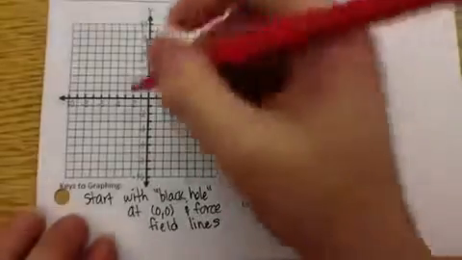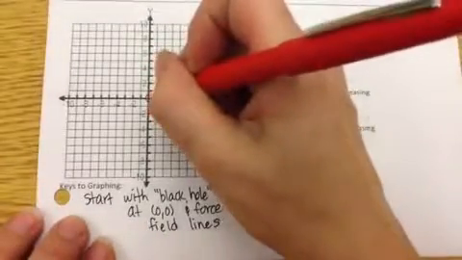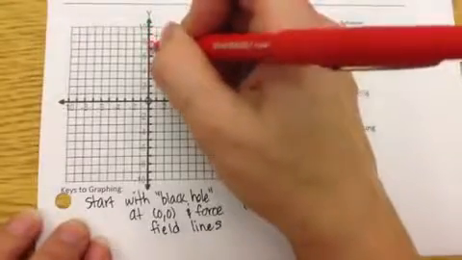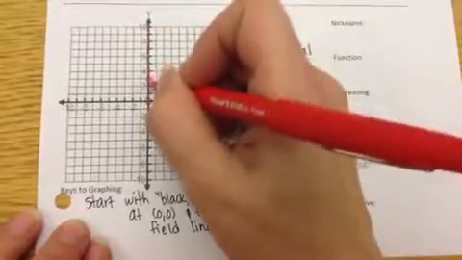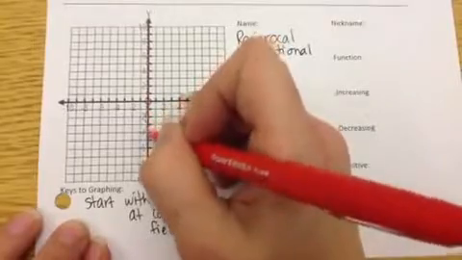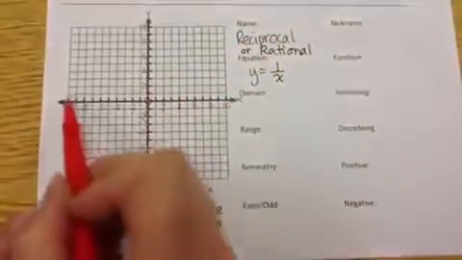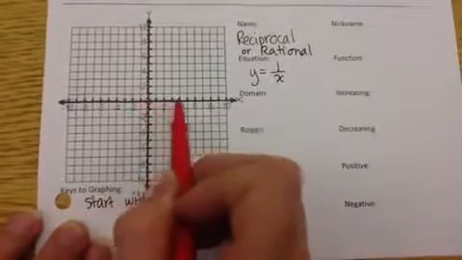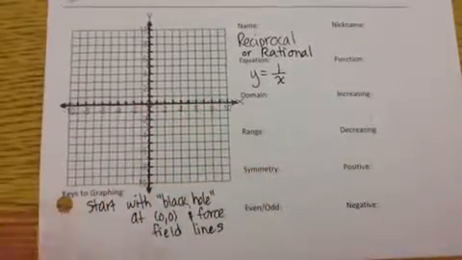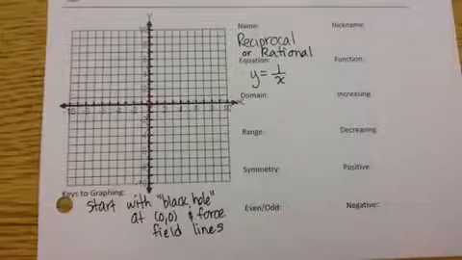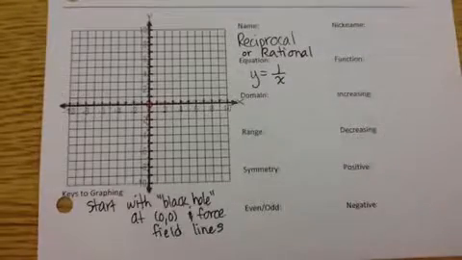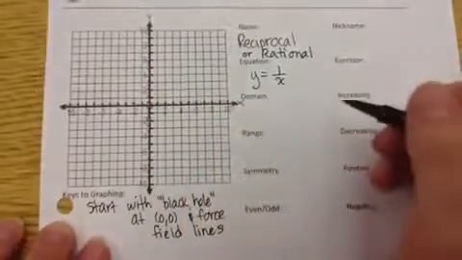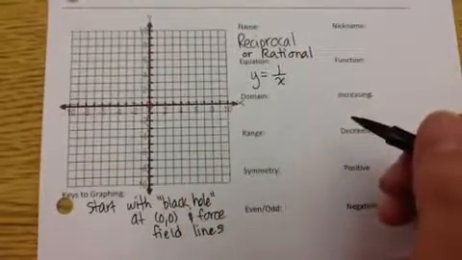So I'm going to put an open circle for my black hole, which is actually a red hole, and then force field lines coming out of it, straight up and down, and going side to side horizontally. So that creates my force field. So my graph is not allowed ever to cross the vertical lines. Sometimes they'll cross the horizontal lines, but we'll see that a little bit later.